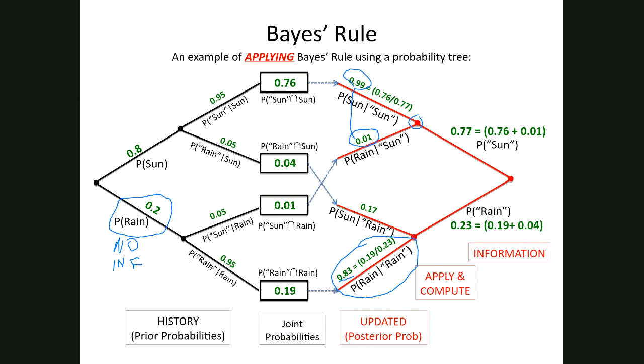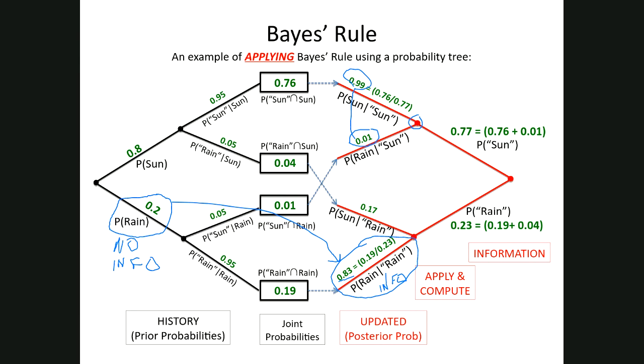And this is the probability of rain with information, with a forecast of rain. And so this is why information is valuable and why it's important to get the forecast.